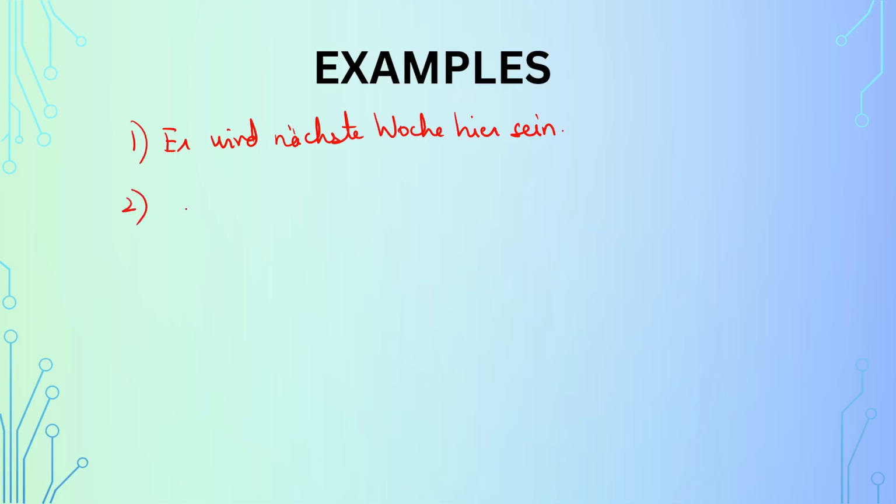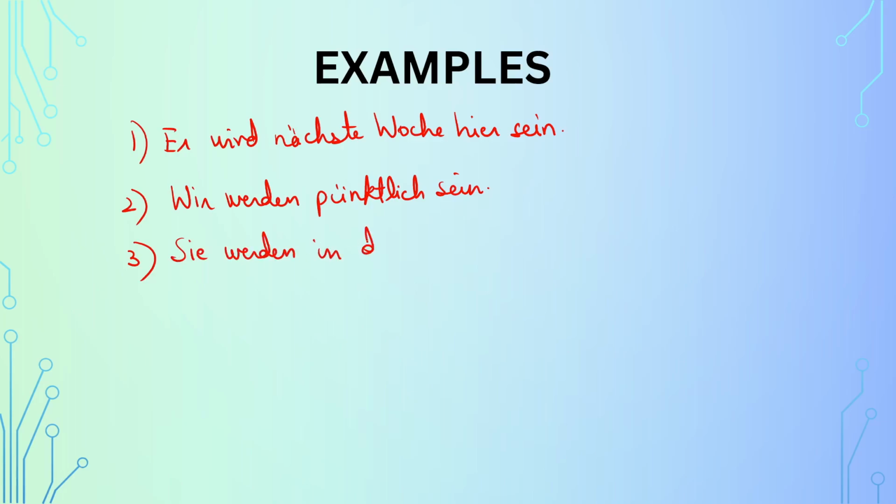Wir werden pünktlich sein, which means we will be on time. Now if you want to say they will be in the city, you can say Sie werden in der Stadt sein.